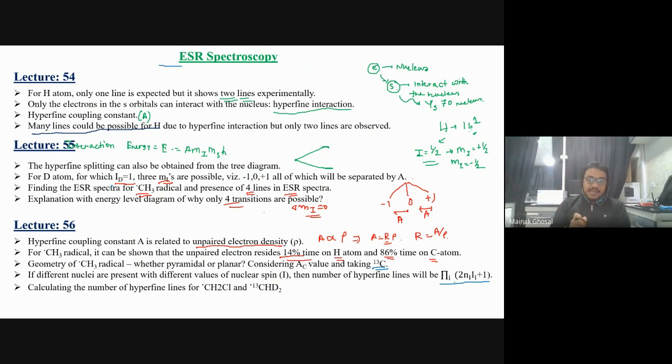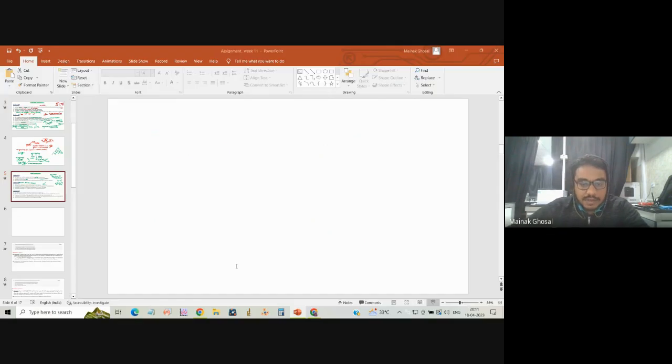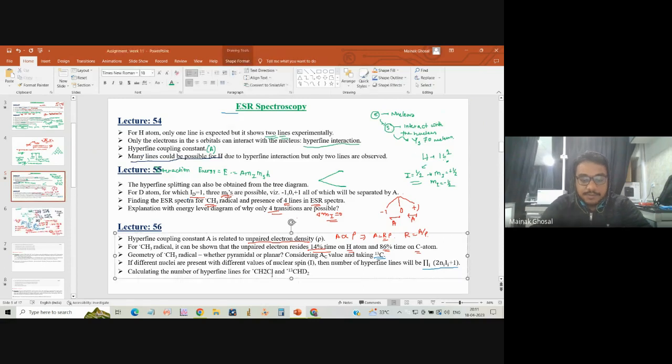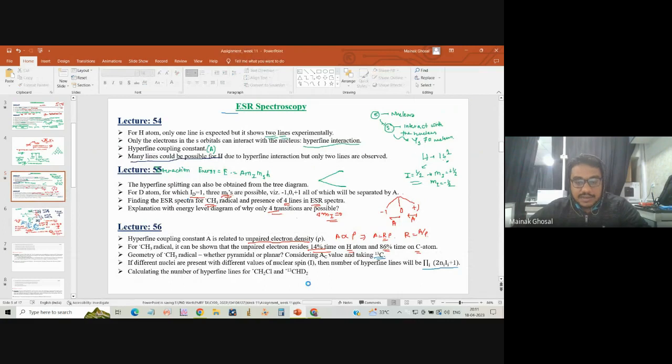Then calculating the number of hyperfine lines for CH2Cl and CH3Cl2 was also discussed. If you have not calculated it, just calculate it and check with the answer I am writing here.